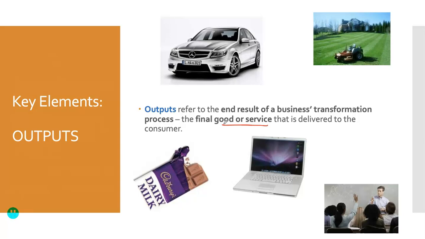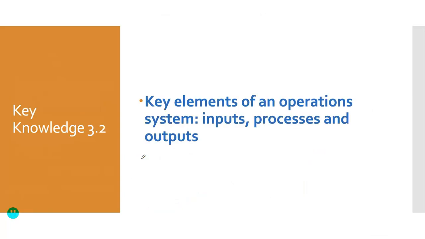And in reality, that product could be a car, it could be a computer, it could be some type of service, which is our next key knowledge point, the difference between manufacturers and service businesses. It could be a farm output, so we might be creating food, or as we've used a number of times, it could be chocolate. And there we have it.